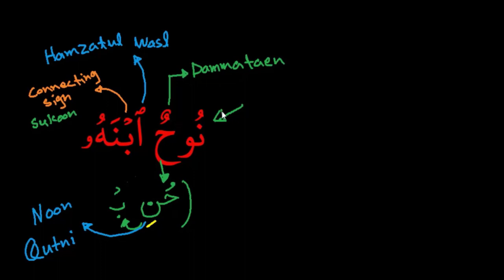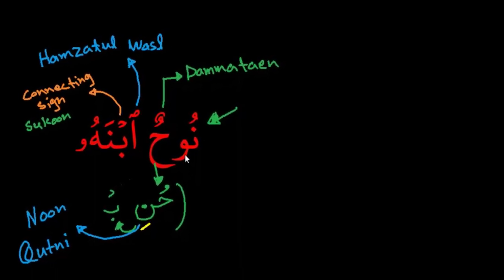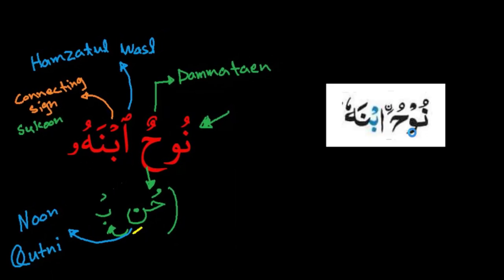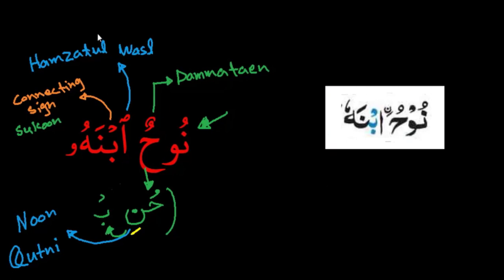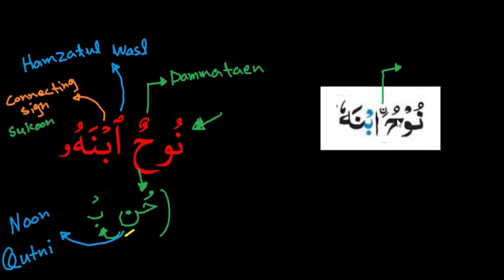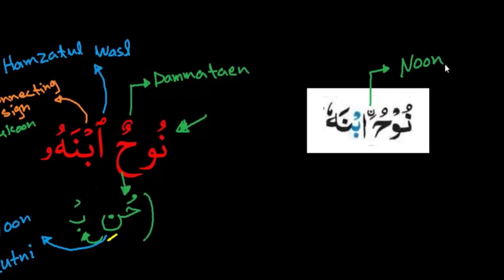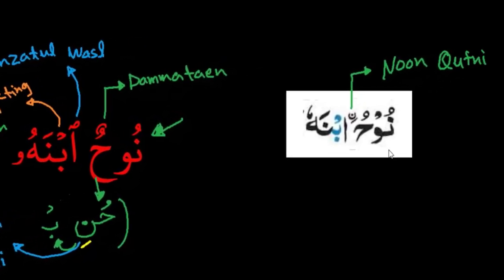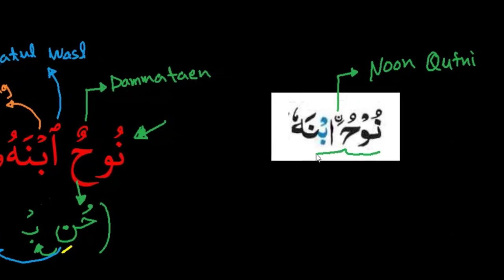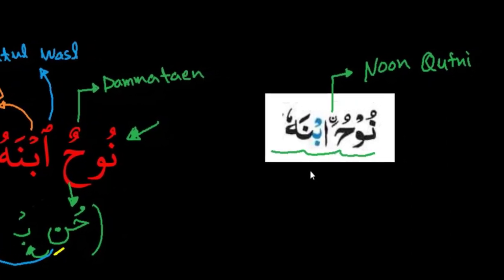Now you can pronounce this example. This is Nu hunibnahu. In the other Holy Quran script, you can also see that the small noon is written here, so that is Nu ni, and the ni is going to connect with ba, becomes Nu hunibnahu. I hope you got everything.